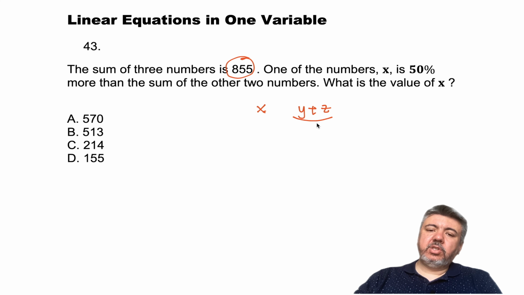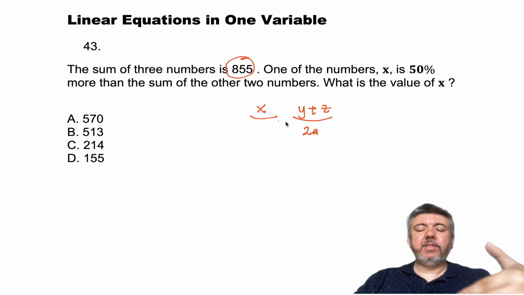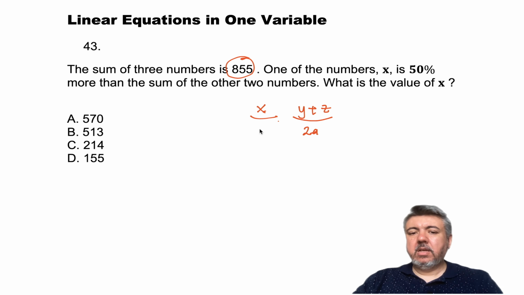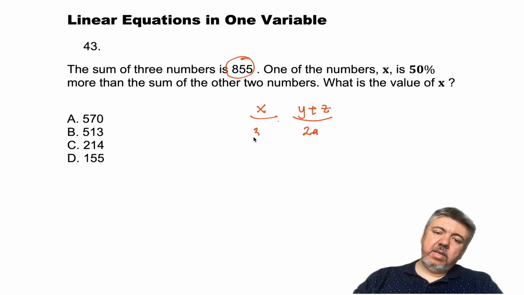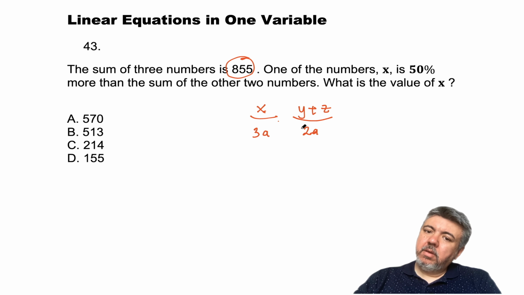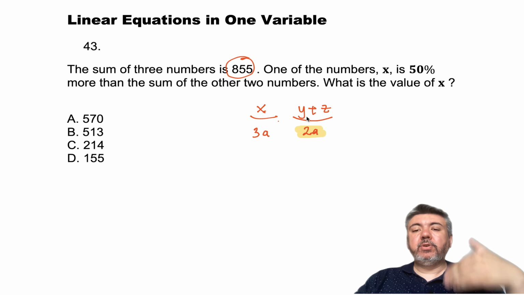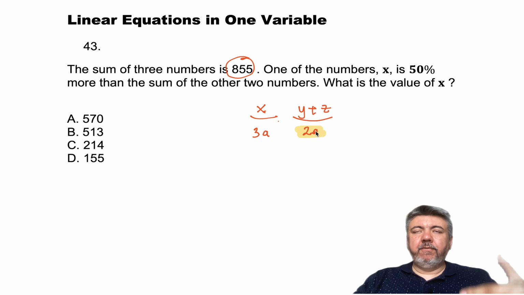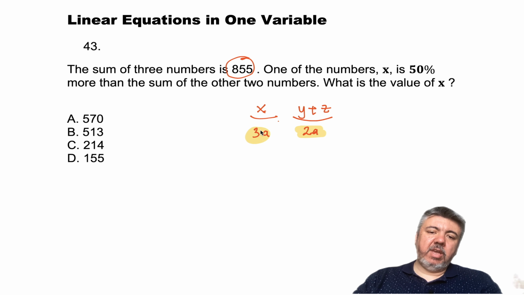Let's say these two have a sum of 2a. x is 50% more than their sum. 50% of their sum is a more, that is x is 3a. That's important, my friends. The other two numbers have a sum of 2a. x is 50% more, that is half more. 2a, half of it, a, so x is 3a.